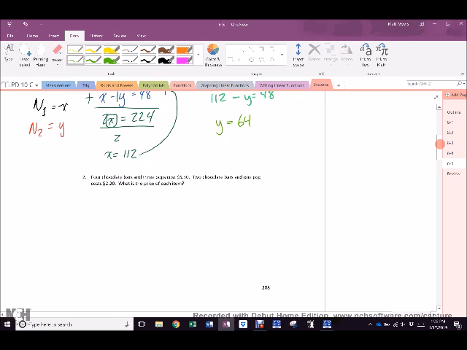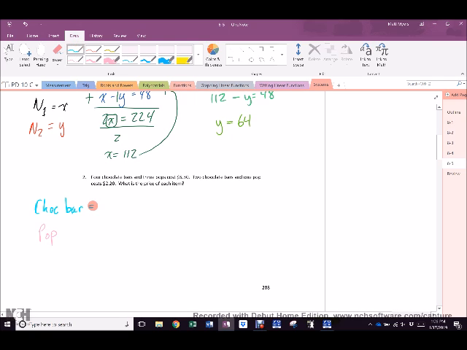What are my 2 unknowns in number 2? A chocolate bar? Oh, I just made a new letter, a b-b-b. I always do that. Chocolate bar. And what's the other unknown? A pop.